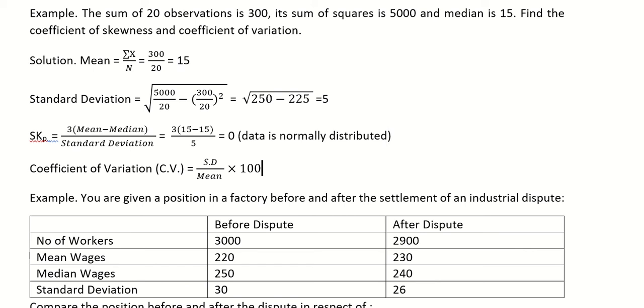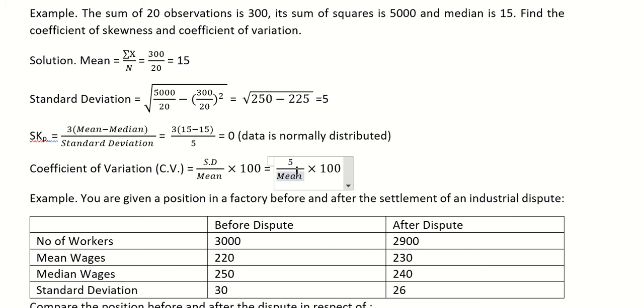So now we'll calculate coefficient of variation. So the formula for coefficient of variation is SD upon mean into 100. So SD is 5. Mean is 15 into 100.